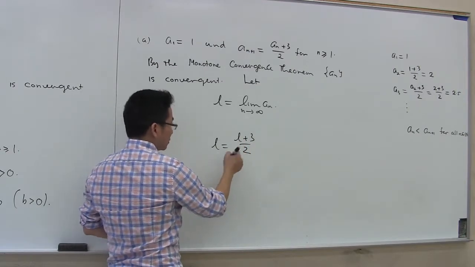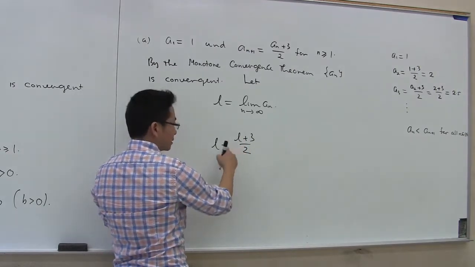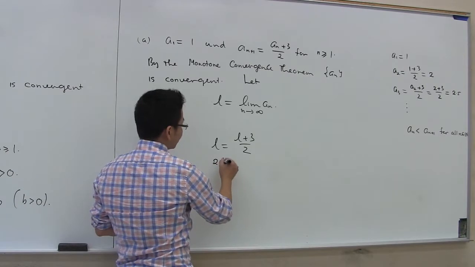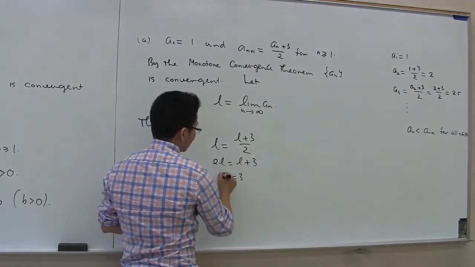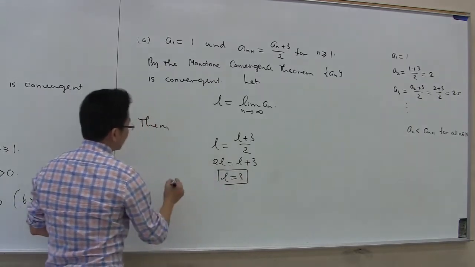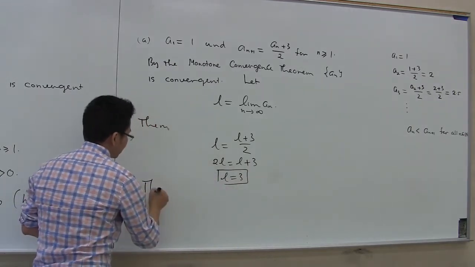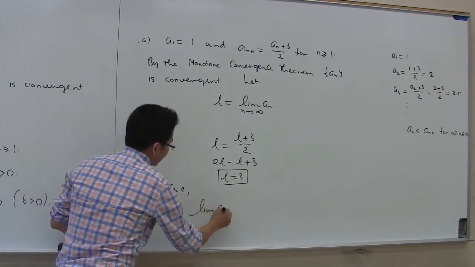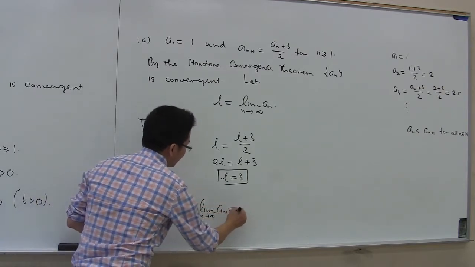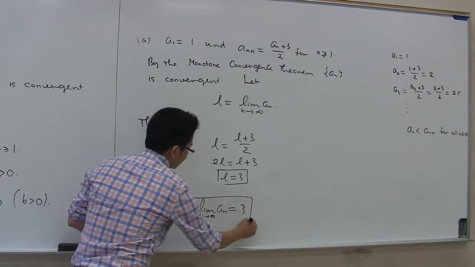And so we can easily solve this equation and get that L is equal to 3. Okay. So the limit of an as n approaches infinity is 3.